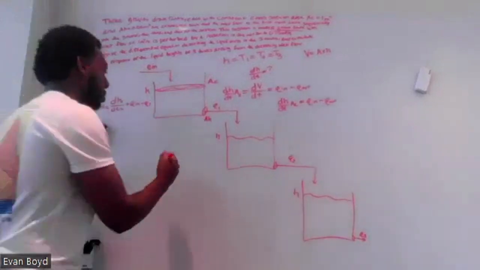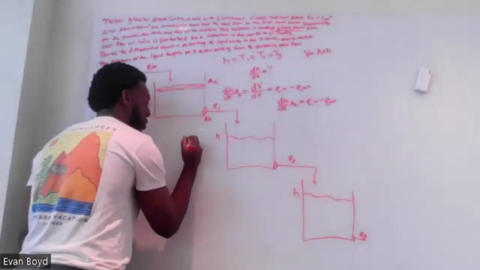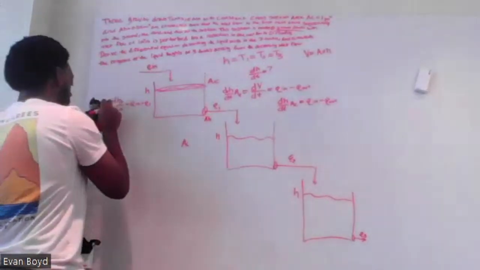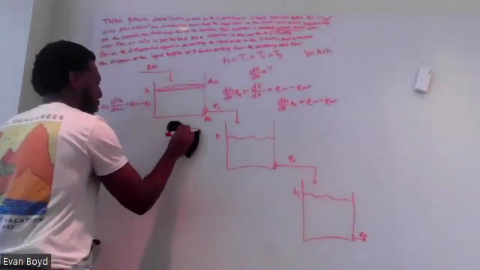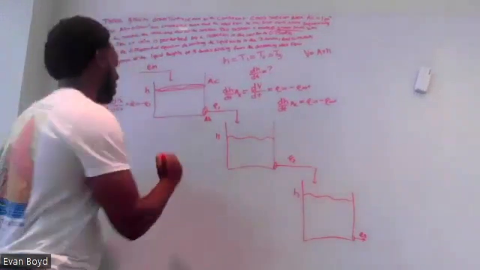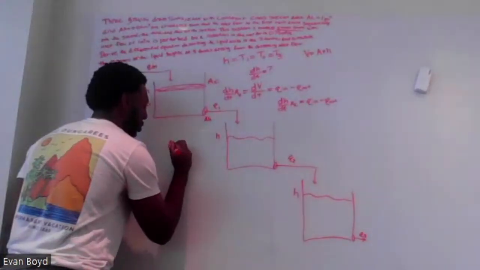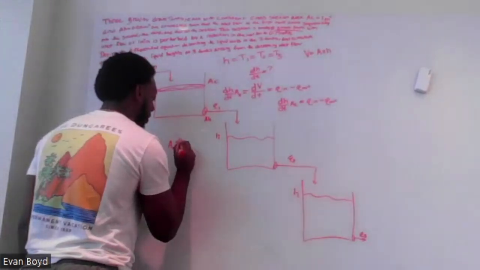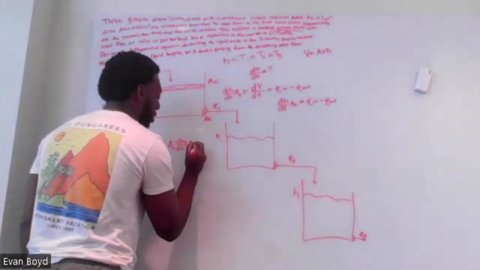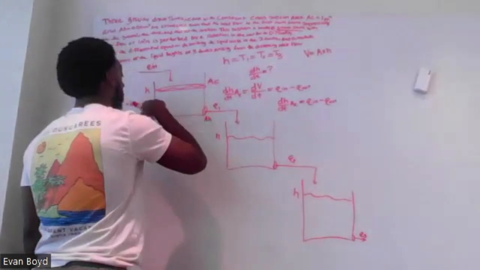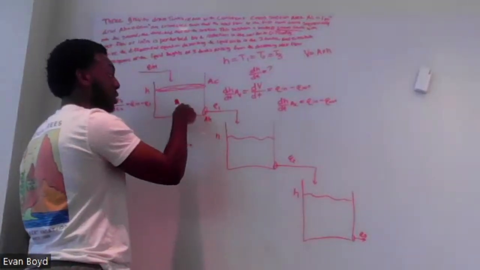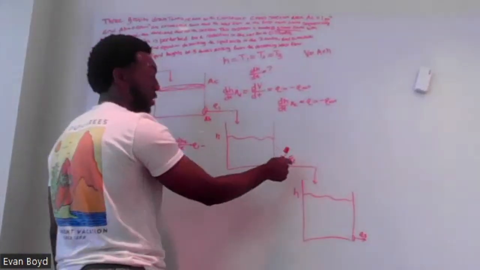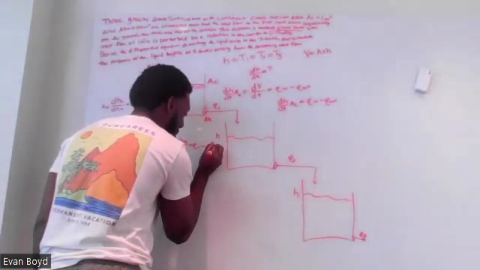Next tank: cross-sectional area of the tank times the difference in height in tank 2 divided by the difference in time is equal to the flow of tank 1, Q1, minus the leaving flow of tank 2, Q2.